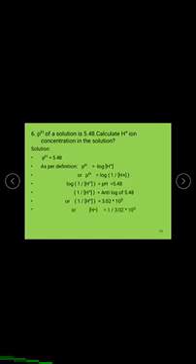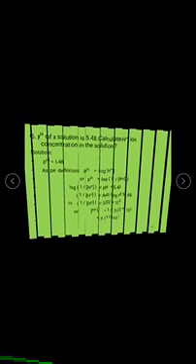Then H plus ion concentration is equal to 1 by 3.02 into 10 to the power of 5. This equals 3.311 into 10 to the power of minus 6.